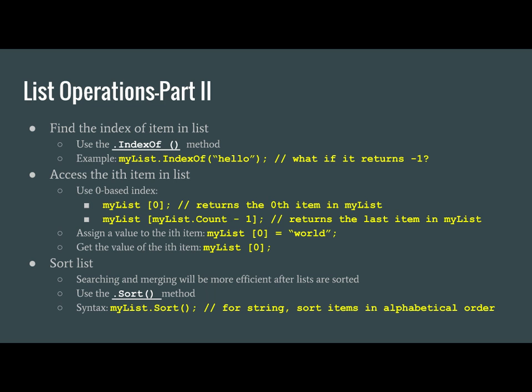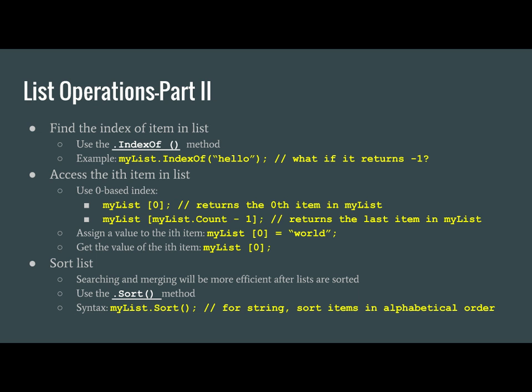You don't need to know how a list is sorted, but you just need to know that when things are sorted, it's easier to locate and find them. For instance, if I want to find the index of "hello" in my list, and I have, let's say, 2,000 strings in it that are not sorted, it can take a lot of time to find it.